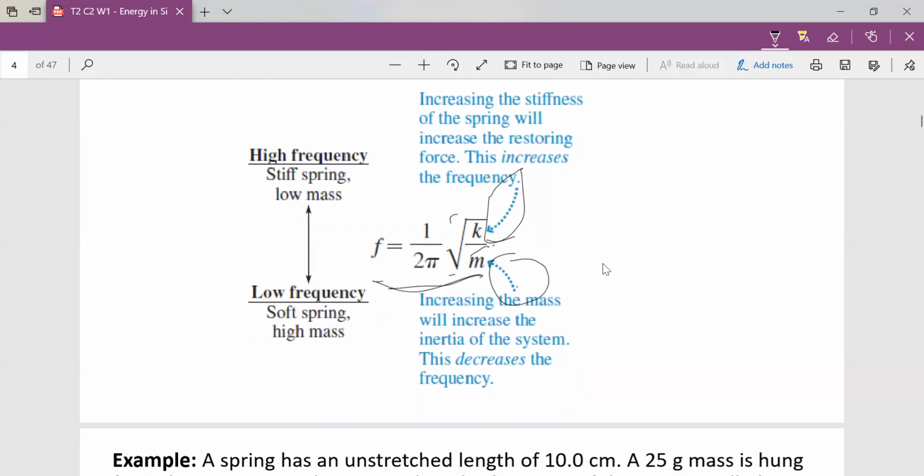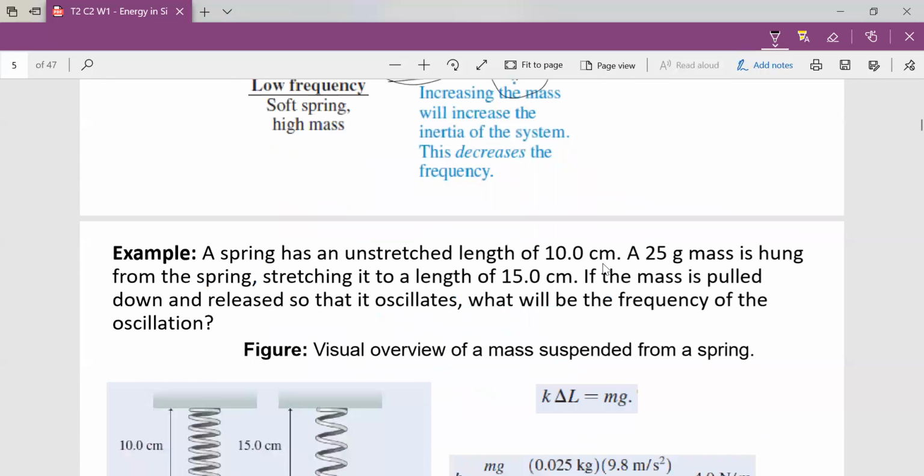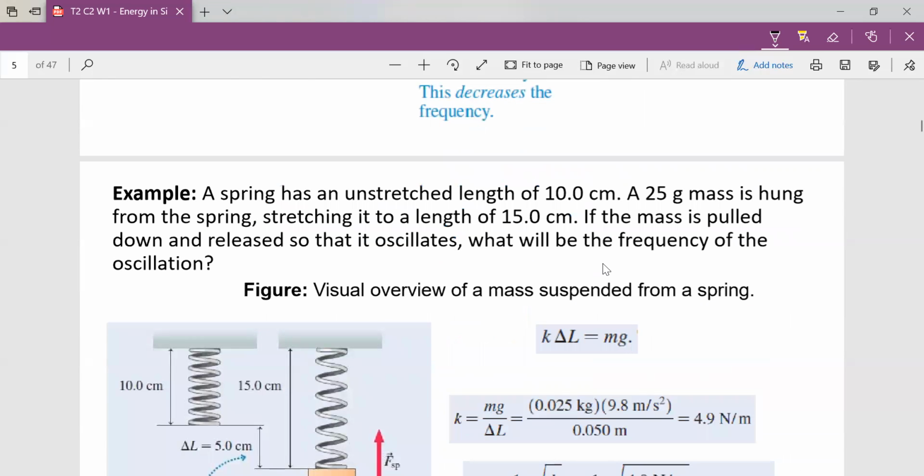So when the spring is stiffer, we have high frequency, and when it's soft, we have low frequency. So let's quickly take one example to explain some of those concepts on the spring and the energy processes in it.